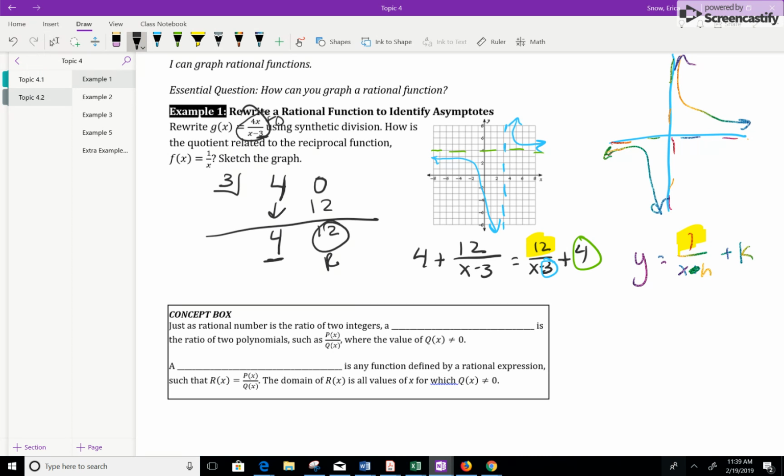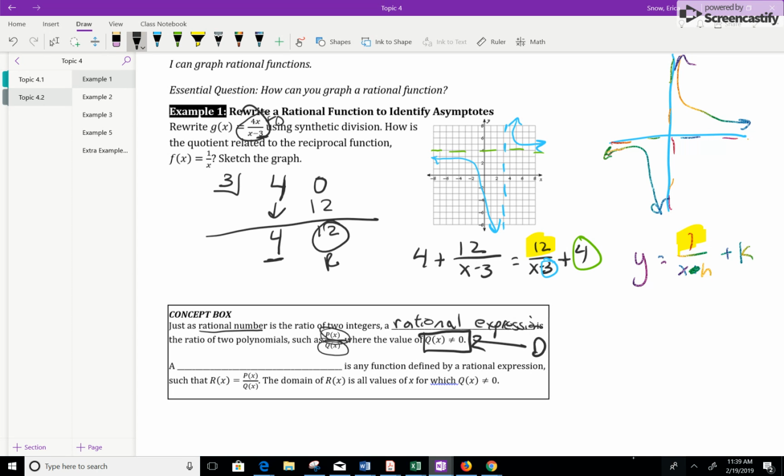A rational number is the ratio between two integers. A rational expression is the ratio between two polynomials. So where you have an expression on top and an expression on the bottom, a polynomial on top. The important thing is that your bottom can never equal 0.